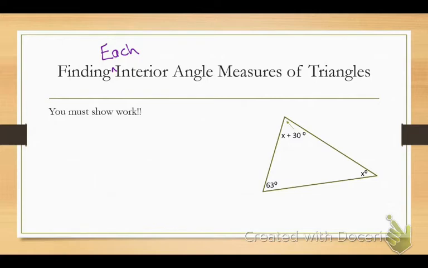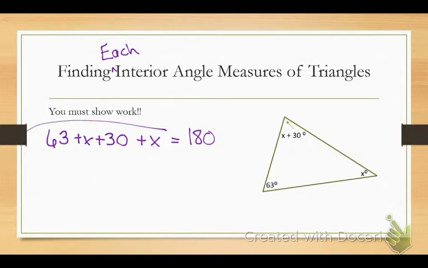Okay, so let's go 63 plus x plus 30 plus x. Okay, and what does it all equal? 180. Is it messing y'all up that there's a lot of terms up here? Remember it's your like terms. So what's x plus x? 2x.